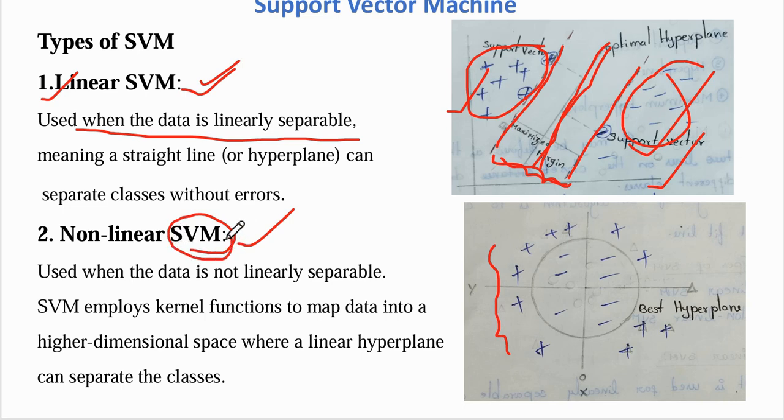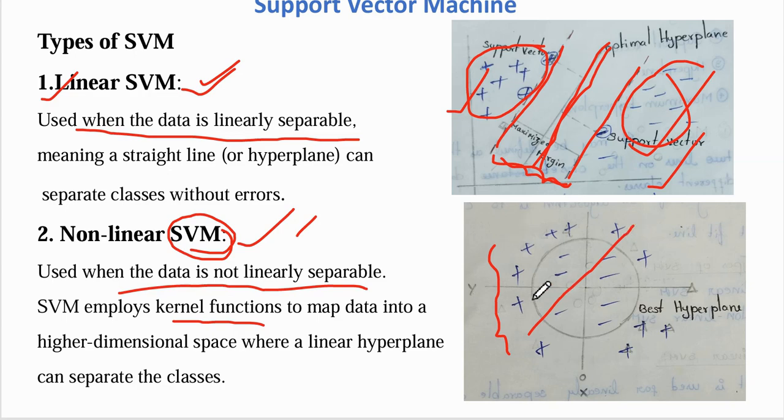To this non-linear data also we apply SVM, with the concept called the kernel trick, or the kernel function. So non-linear SVM is used when the data is non-linearly separable. Here we can see we have positive classes and negative classes. Let's take this as a hyperplane.